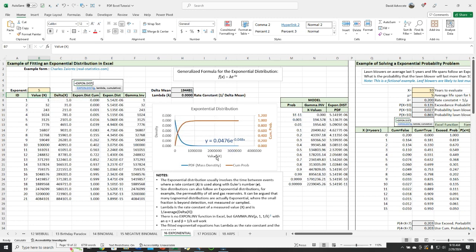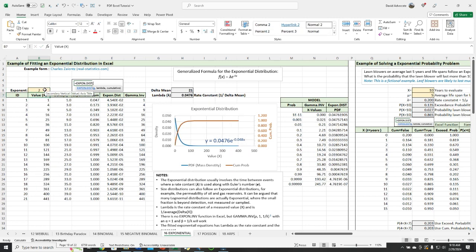And you can see that the x values are now much larger than they were. We'll set this back to 2 and hit Shift F9, recalculate. Another interesting thing about this is that the gamma function in Excel can also be used to calculate the x values.